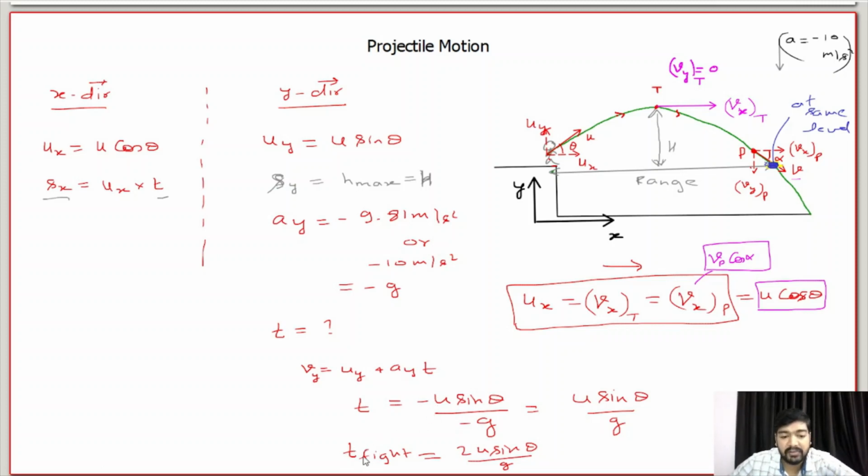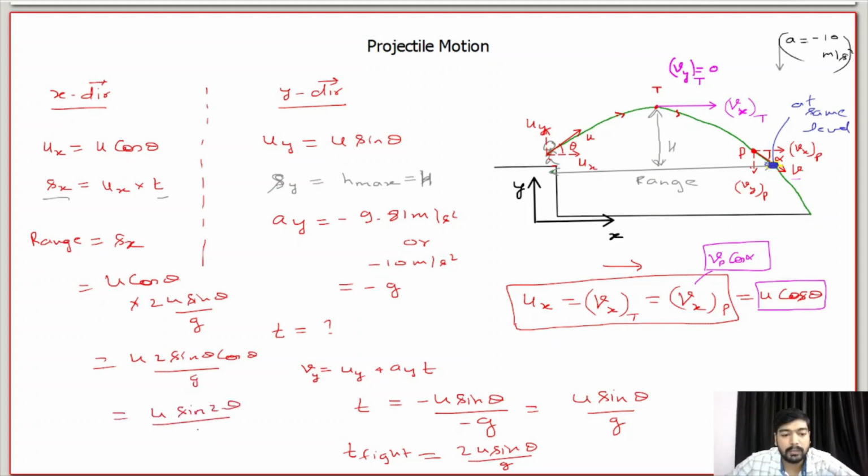Similarly, if you know the time of flight, you can calculate the range. That is sx, which is simply u cos theta into time. Time we have calculated as 2u sin theta by g. So it becomes 2u squared sin theta cos theta by g, which is u squared sin 2 theta upon g.